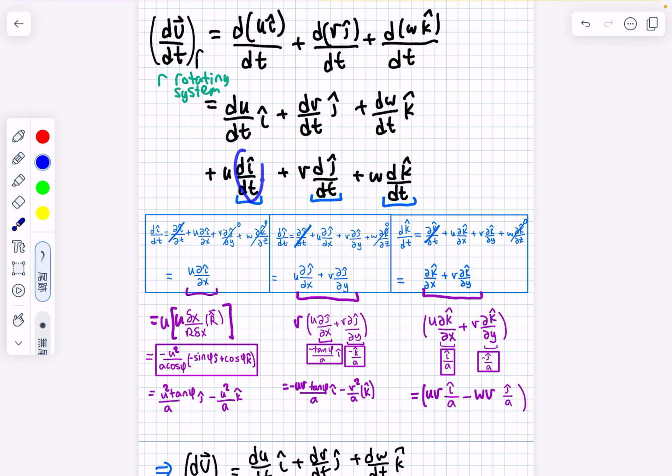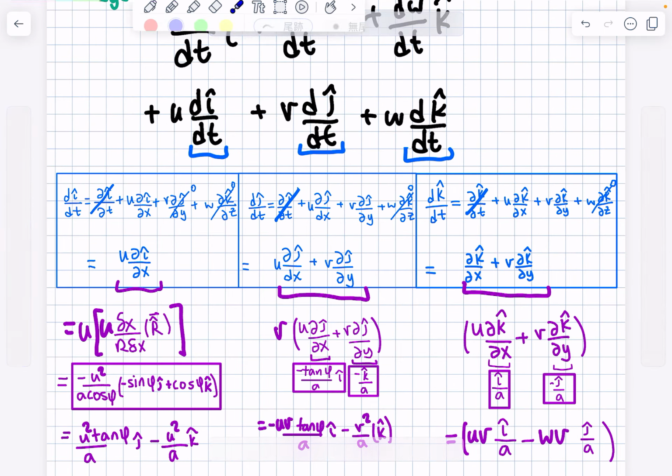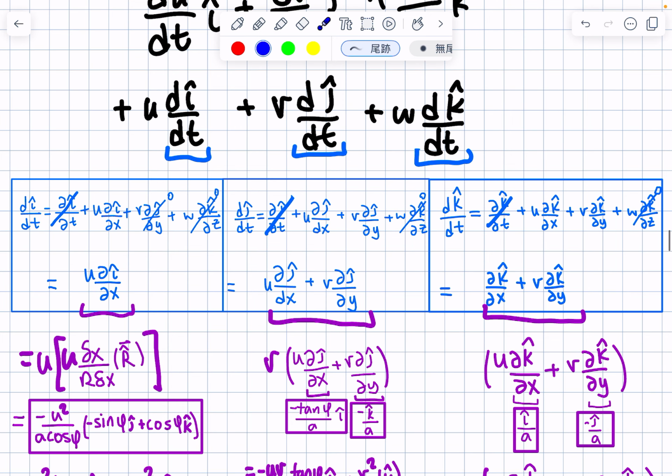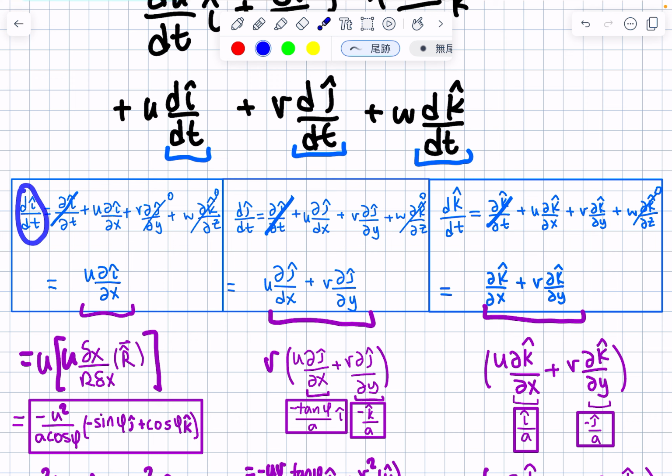What we need to deal with is these terms. If we look here, we can look at this term. This box is for this one, this box is for this one, and this box is for this one. When we break apart the total derivative of i, we get partial i partial t, plus u partial i partial x, plus v partial j partial y, plus w partial k partial z.